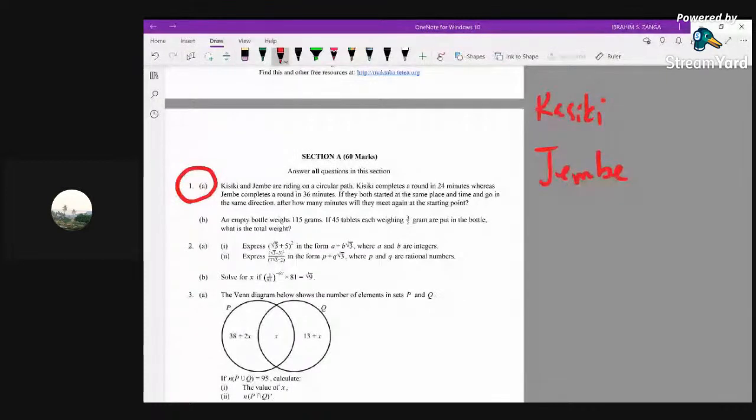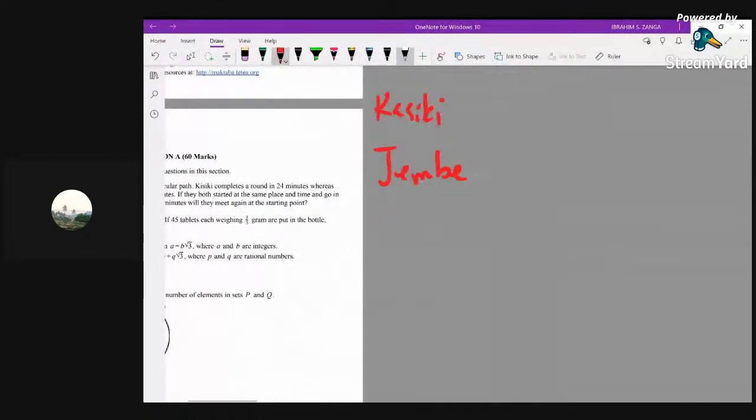To find after how many minutes they will meet again at the starting point, at which time are they going to meet together? We are going to find the lowest common multiple of these two numbers, 24 and 36.